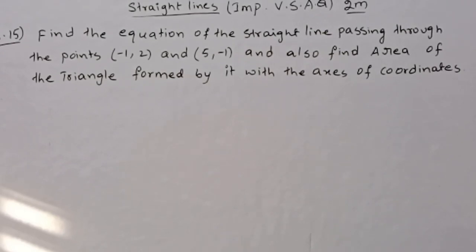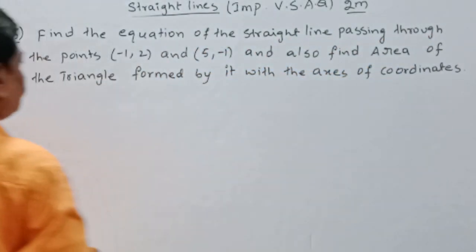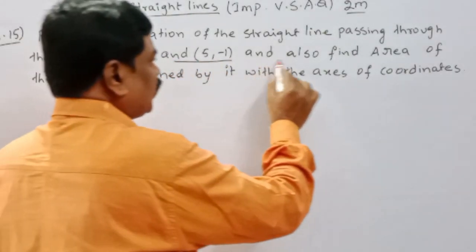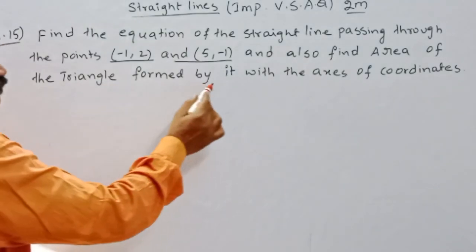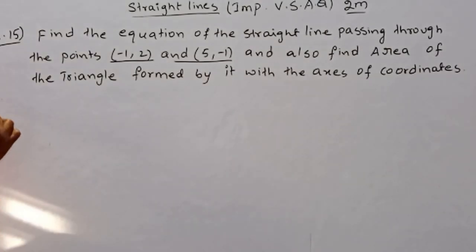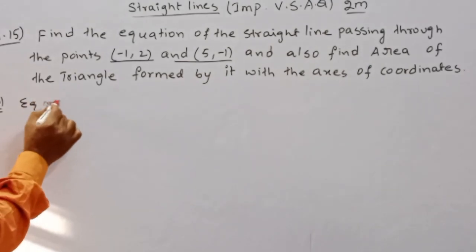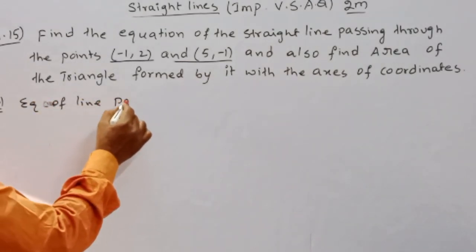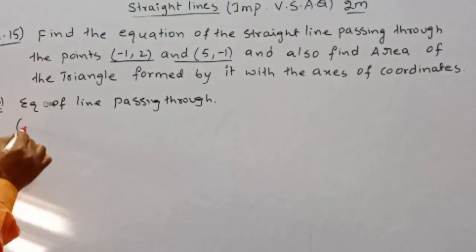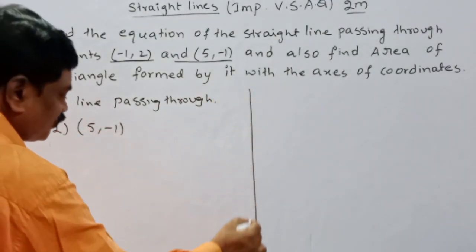Dear viewers, question number 15. Find the equation of the straight line passing through the points (-1, 2) and (5, -1), and also find the area of the triangle formed by it with the axes of coordinates. So here first we have to write the equation of the line passing through (-1, 2) and (5, -1).